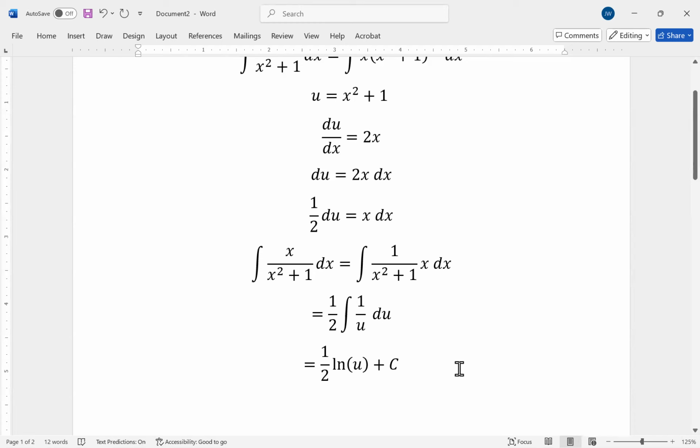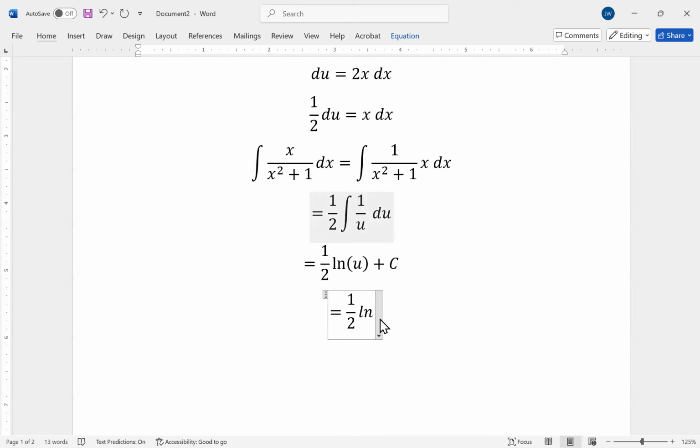And now I know what the u is. u is x squared plus 1. So I'm getting 1/2 times the natural log of x squared plus 1 plus c.